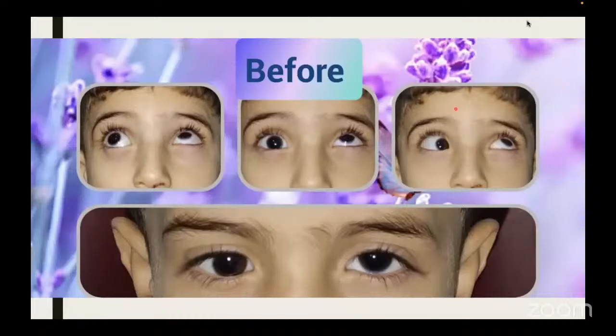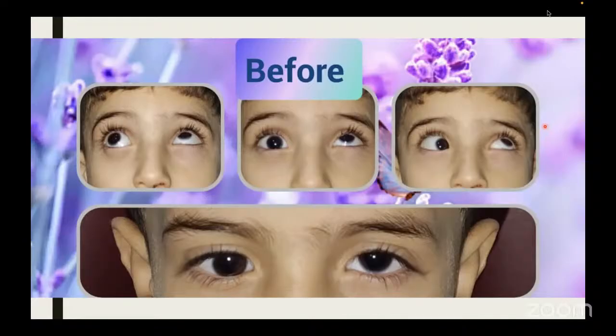So this is a 5-year-old boy. This is his primary position picture. And this is the up gaze, right up, and this is left up. So can you comment on it? Okay, on primary position, there is left hypertropia and right hypertropia.